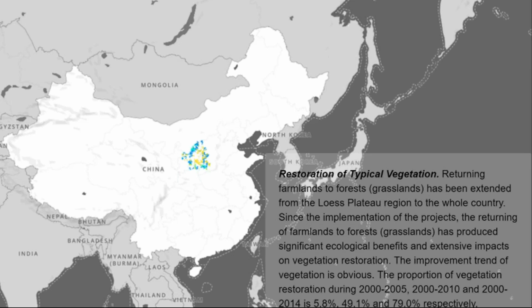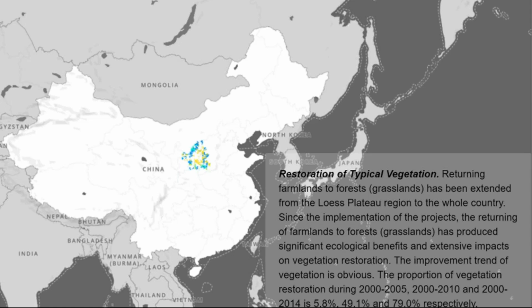Since the implementation of the projects, the returning of farmland to forests has produced significant ecological benefits and extensive impact on the vegetation restoration. Using the satellite remote sensing of vegetation coverage and other observation data, we studied the vegetation restoration and its impacts on the ecosystem services.